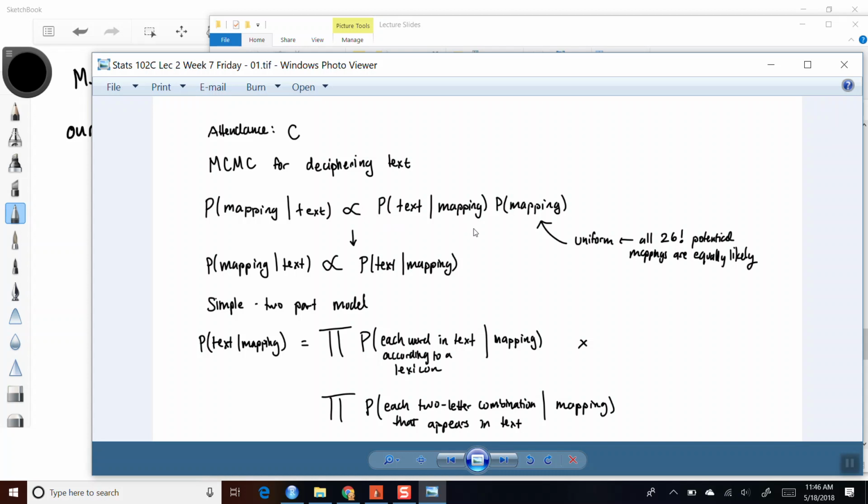And the probability of the text is the probability across all possible mappings, and there's just too many values to evaluate. But because our acceptance ratio is a ratio, that constant cancels out, and we only have to worry about this without worrying about the actual distribution and having it sum up to 1 or anything like that.